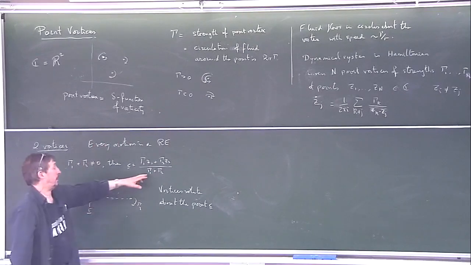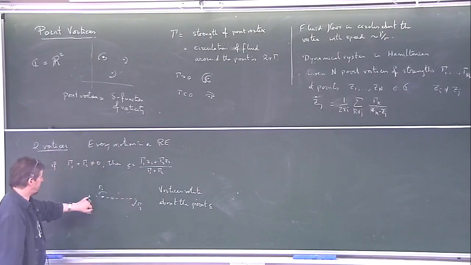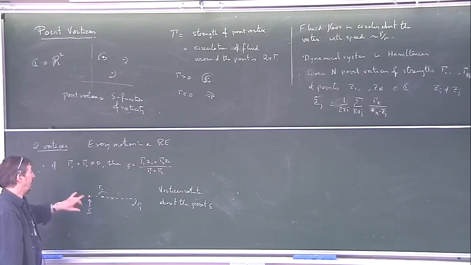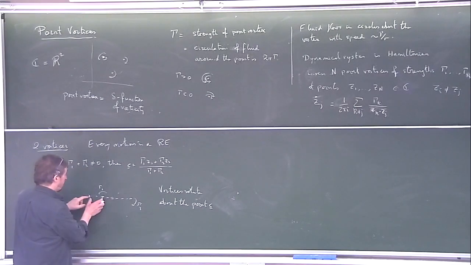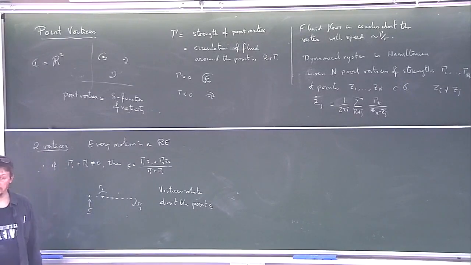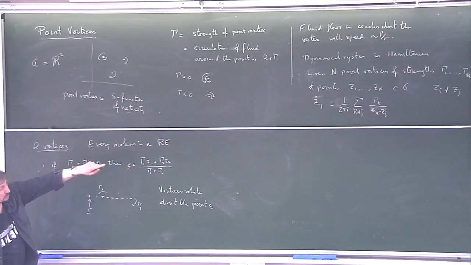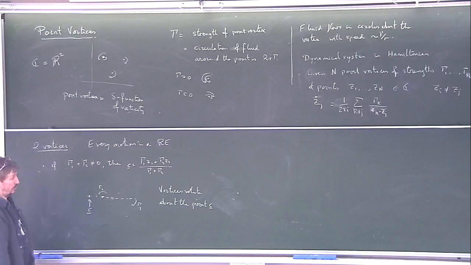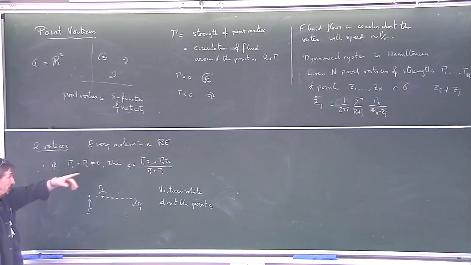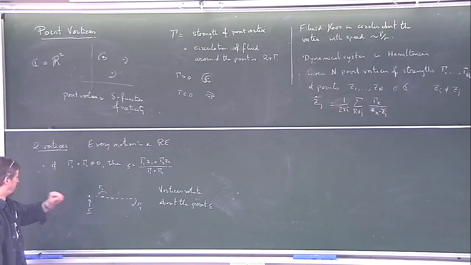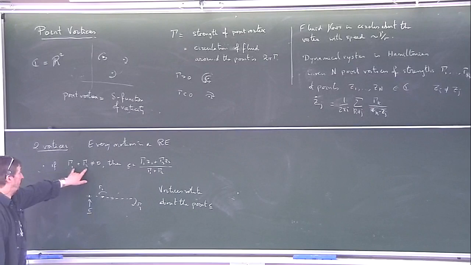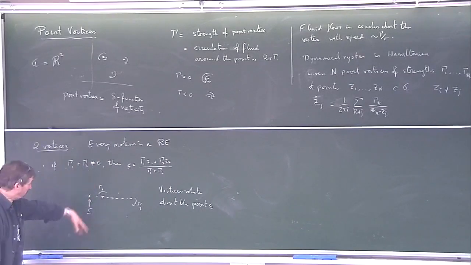I've just divided by gamma 1 plus gamma 2 for convenience. Well, more than convenience. And also one can prove that the distances of these two vortices from this point don't change. Just doing a bit of algebra with the conserved quantities there, using the modulus one, the third one. So one can prove that it rotates about the point C. So that's, if gamma 1 plus gamma 2 is non-zero, you always have that.